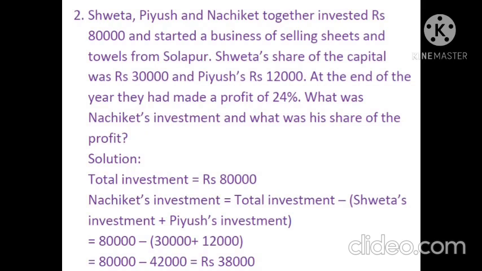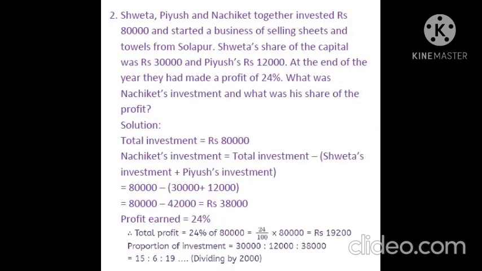We have been given total profit earned is equal to 24%. Therefore, total profit is equal to 24% of 80,000, which is 24 upon 100 into 80,000, which is equal to 19,200.